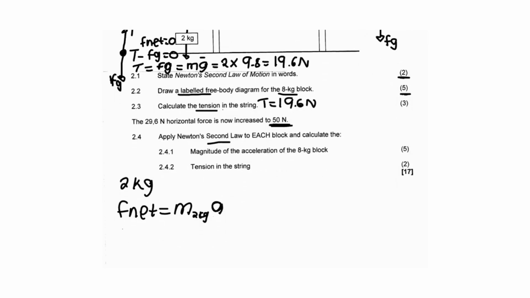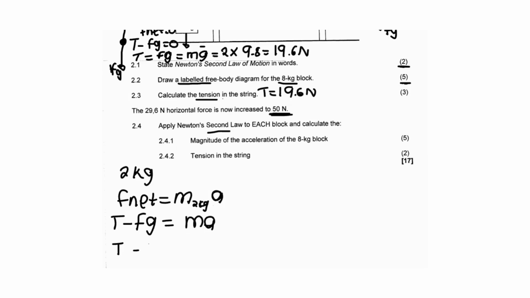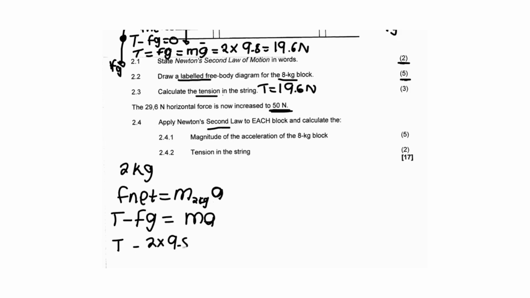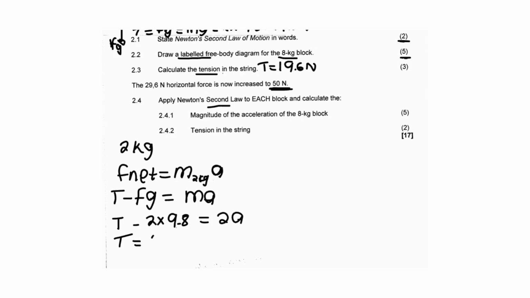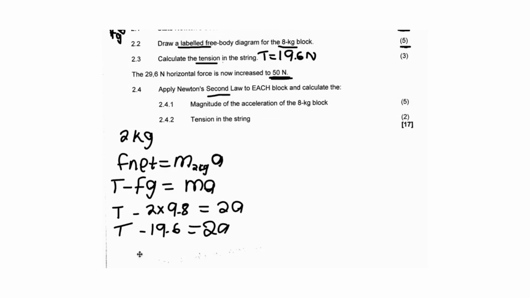So our F net, we have T and we also have Fg, equals ma. mg is 9.8 times the mass. So that would be 2 times 9.8 equals 2 times acceleration. T minus 19.6 equals 2a.